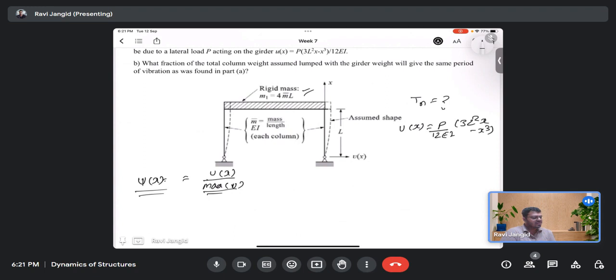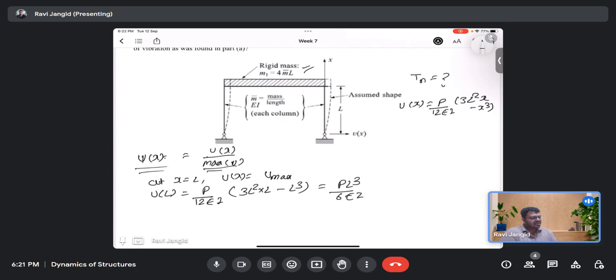At x equal to l. So at x equal to l, what is my u? Ux would be u max. If I put 12 ei into 3l square into l minus l cube, how much is it coming? It is coming out to be pl cube over 6ei.